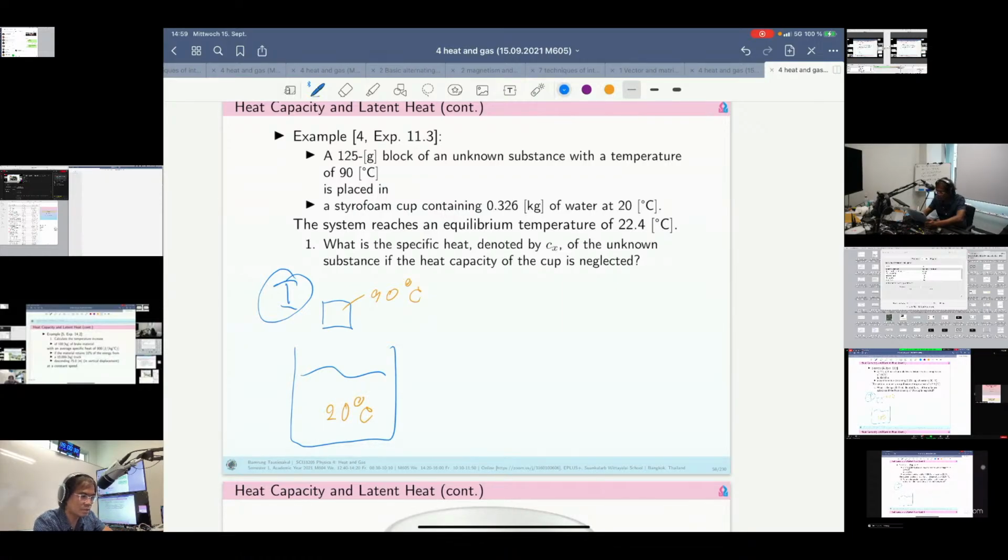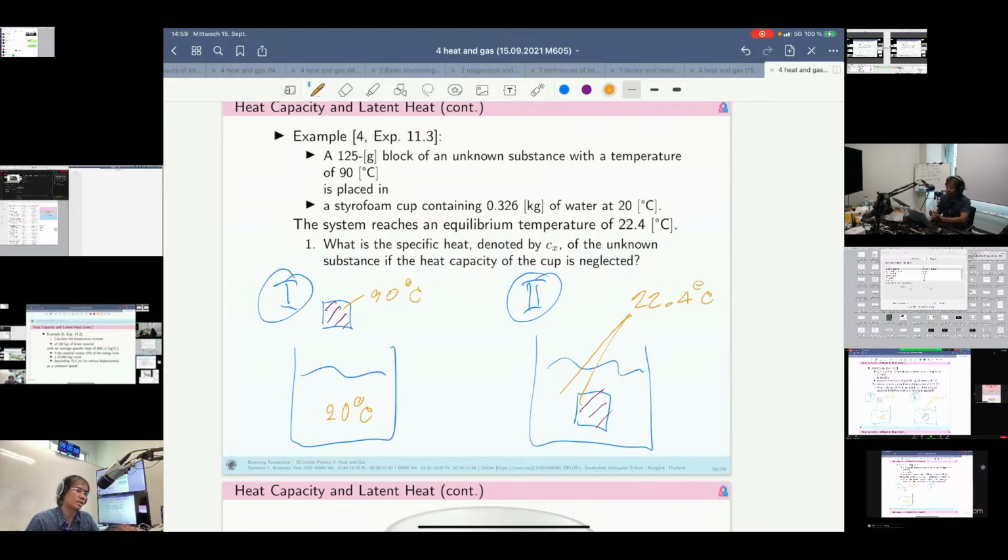In the second state, you leave them together, this one painted violet, and you leave it right here. The final temperature for both substances is 22.4 degrees Celsius. This one was quite hot, and this one is 20 degrees, the room temperature. So what do you think?